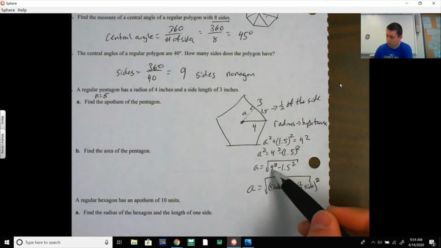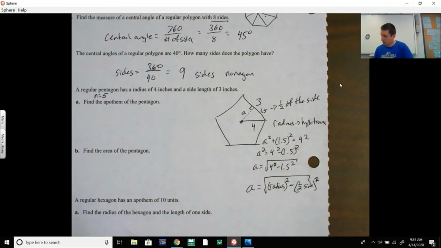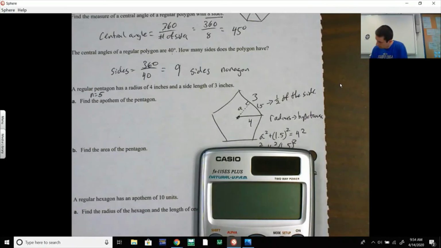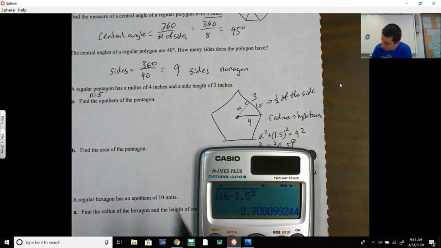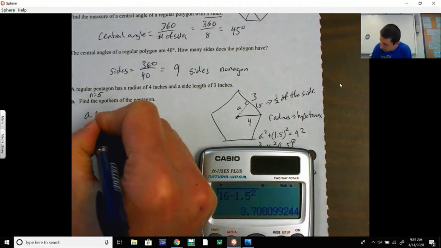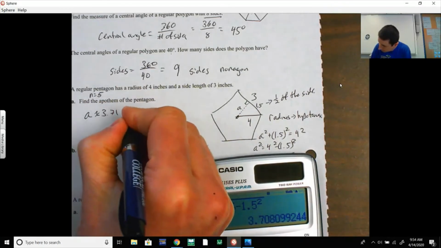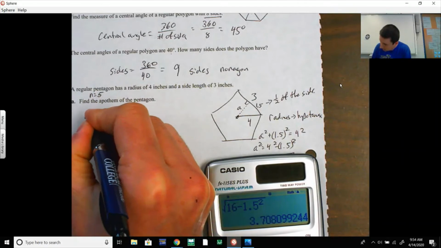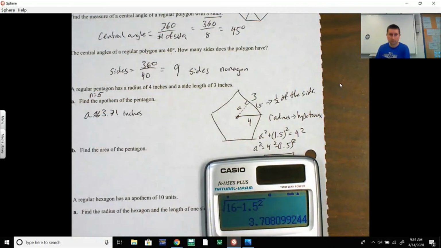The radius is 4, and 1/2 of the side is 1.5. So I need the square root of 16 minus 1.5 squared, and we get about 3.71. The apothem is about 3.71, and we are in inches. That's how we find the apothem. It will not always be given to you.